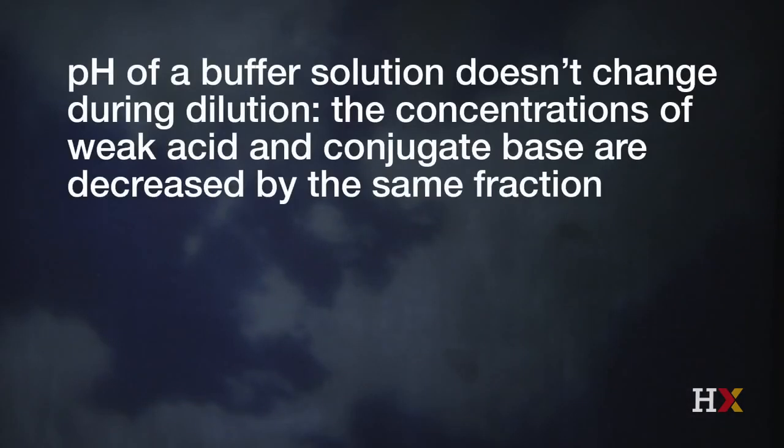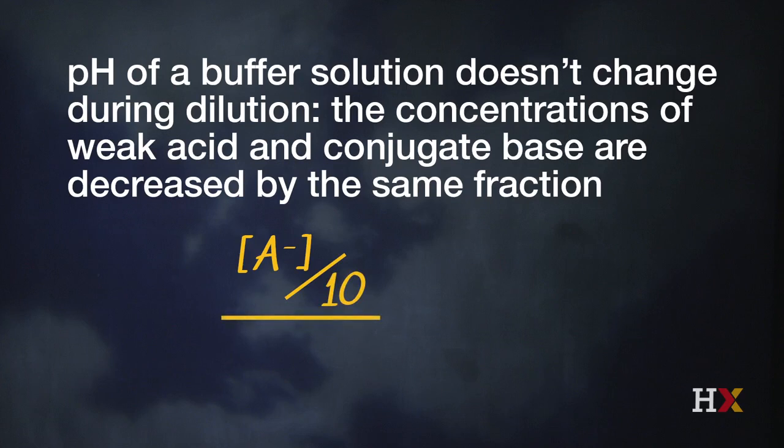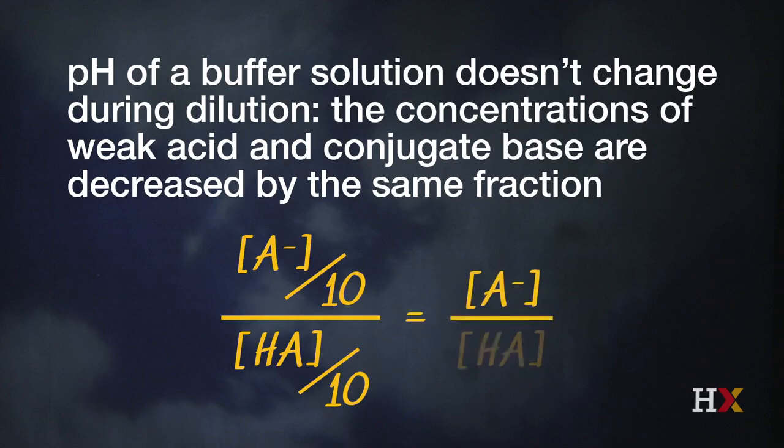But if I do that, what I essentially have is that I take my conjugate base of my weak acid and I divide its concentration, that is moles per liter, by a factor of 10, but I also automatically do the same thing to the weak acid. And because when I cancel out the 10, this gives me exactly the same calculated ratio of the conjugate base to the acid, that means that I can do the pH calculation instantly for any dilution that I happen to add to that system. So it's a very quick solution, and it tells me exactly what's going to happen when I dilute that mixture.